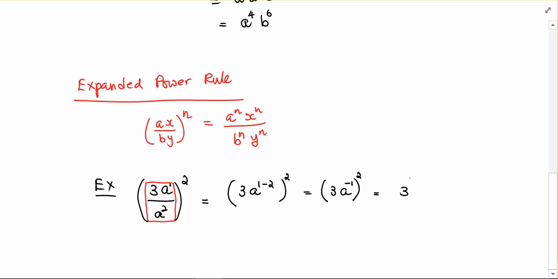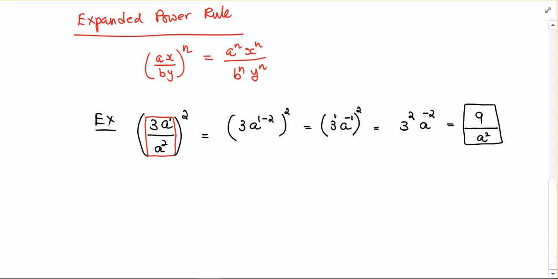You get 3 squared, and you multiply those two, and a to the minus 2. We can now do a little further simplification of this. 3 squared is 9, and we know that we can't leave negative exponents in your final answer, so this is going to be 9 over a to the second. There is your final answer.